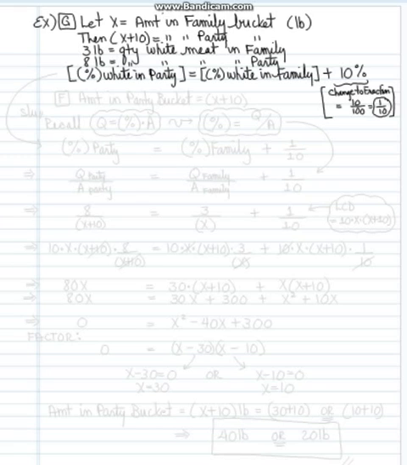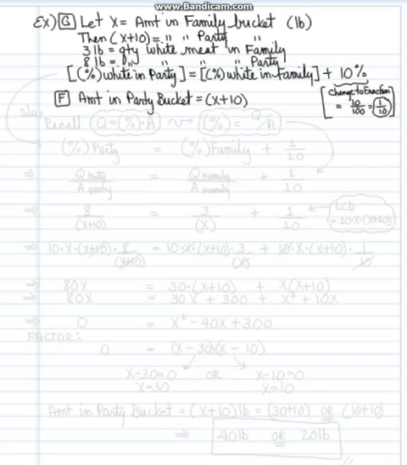Okay, now given all that information, they want us to find the weight, which would be the amount in the party bucket. So the amount of chicken in the party bucket, we know, will be equal to x plus 10.